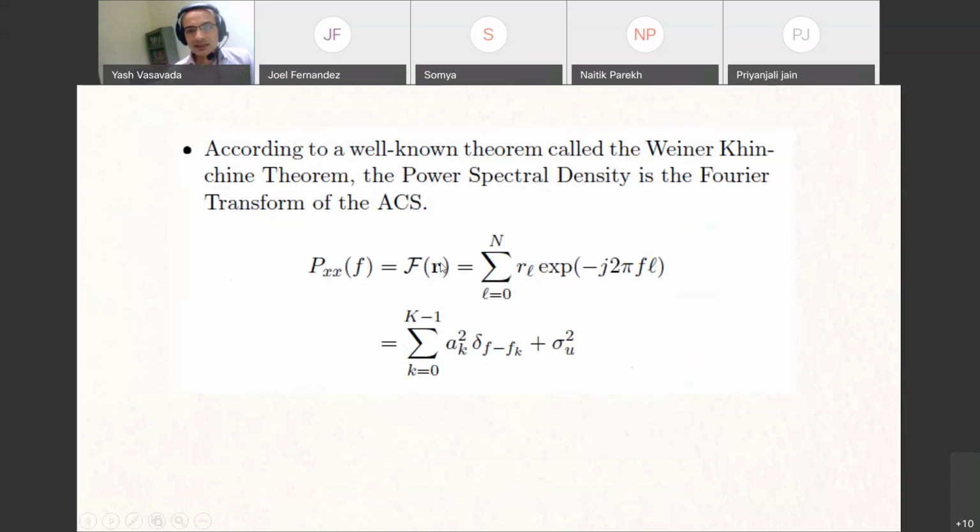For the statistical case, you can take the Fourier transformation, but you have to realize that you are taking the Fourier transformation of a quantity which is indexed by the delay index. But when you take the same Fourier transformation, you get what is known as the power spectral density, which is a function of the frequency f.